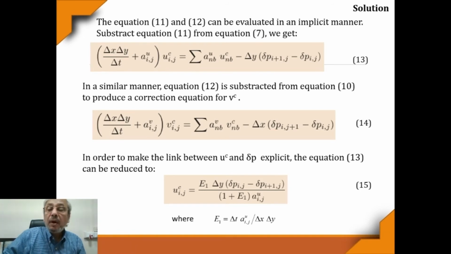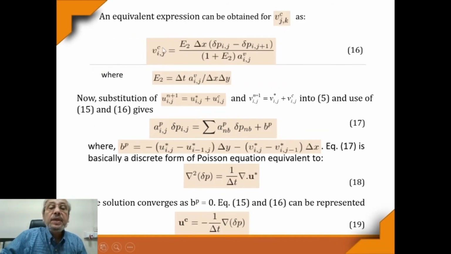And from equation 14 we can then write V_ij, the v velocity correction, and here we get this expression.